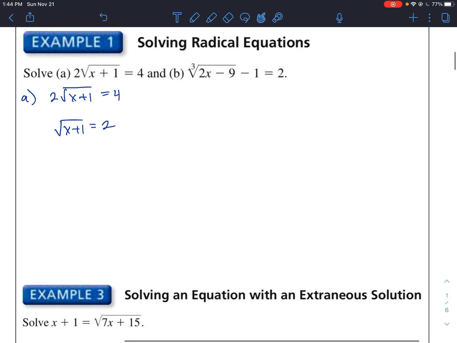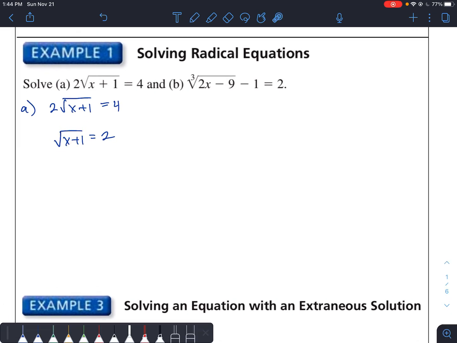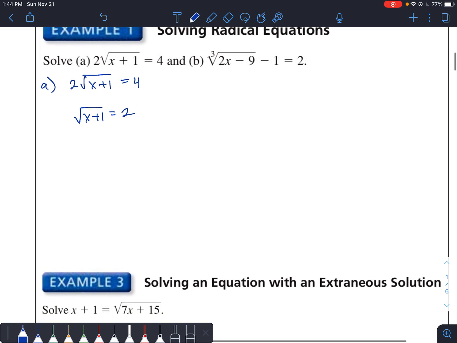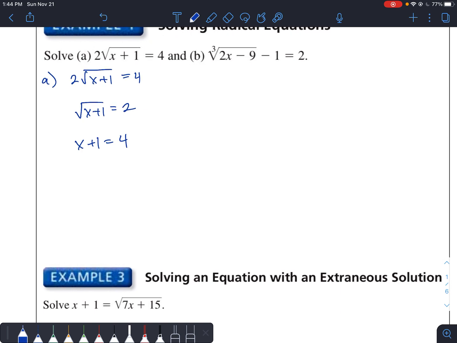Now that the radical expression is by itself, I'm going to square both sides. On the left side, that will leave me with x plus 1. On the right side, that will give me 4. And now it's just an equation that I can solve, so subtract 1, and x will be equal to 3 right there. And there you go.